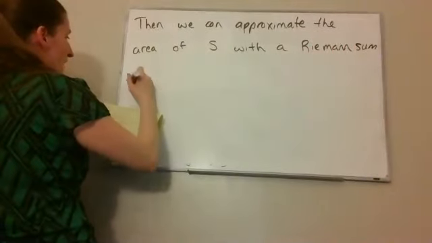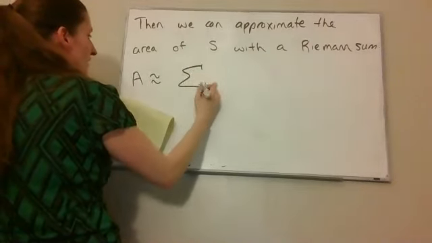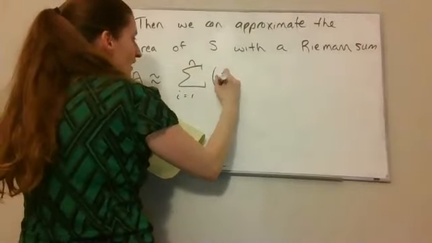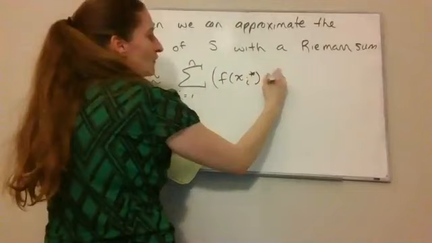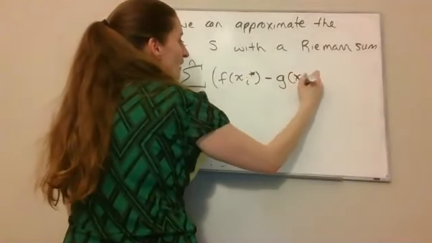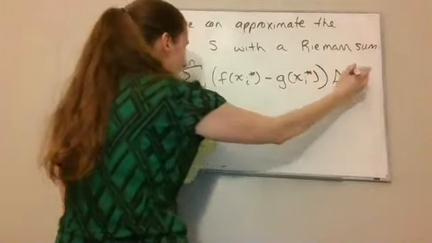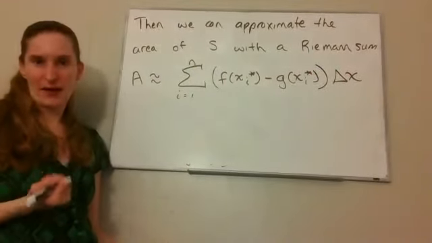So our area is going to be approximately equal to a sum from 1 to n of the area of those rectangles. So f of xi star minus g of xi star times delta x. So we're adding up areas of all the rectangles.